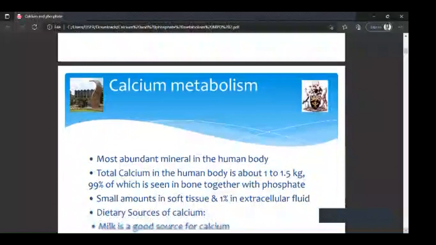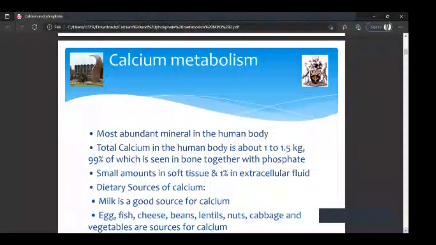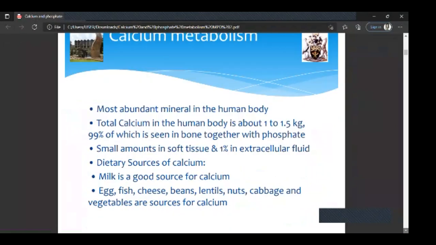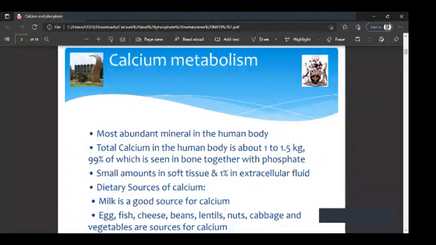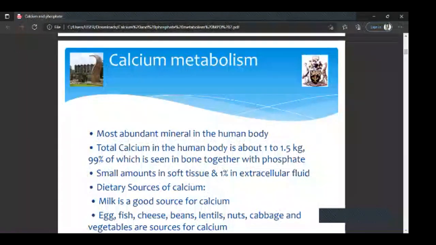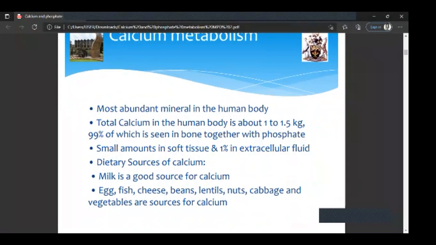Calcium is the most abundant mineral in the human body because we have a skeletal system, and most of the calcium that we have in the body is bound to bone. And therefore, the total amount of calcium we have in the body, which is easy to remember, is about 1 to 1.5 kilograms. And 99% of this is bound to bone, and therefore it's also bound together with phosphate.